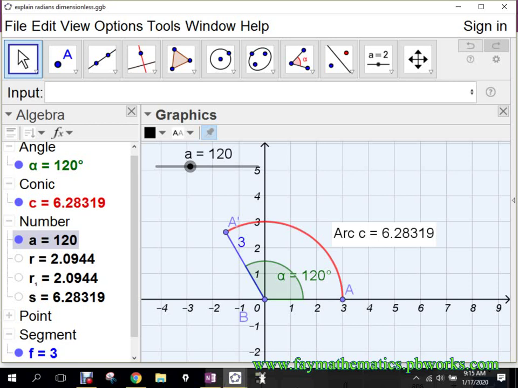However, what I want you to understand is that when we do calculations inside some formulas, radians are dimensionless. They disappear. They don't contribute to the final answer. There will be a situation where they do, but I think it'll make sense why they do, and we'll talk about that in a little bit.